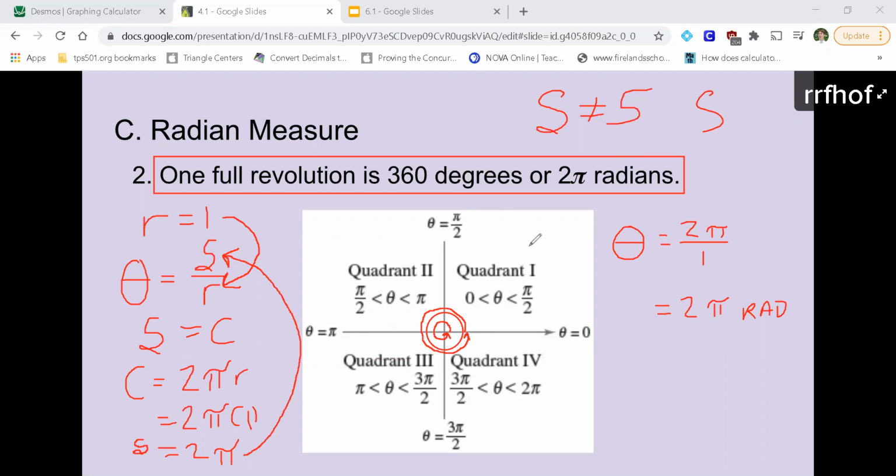Okay, now, if 360 degrees is 2 pi radians, that means that 180 degrees, a half circle, would be 1 pi radians. That would mean that a quarter circle, or 90 degrees, would be pi over 2. And that 270 would be 3 pi over 2.